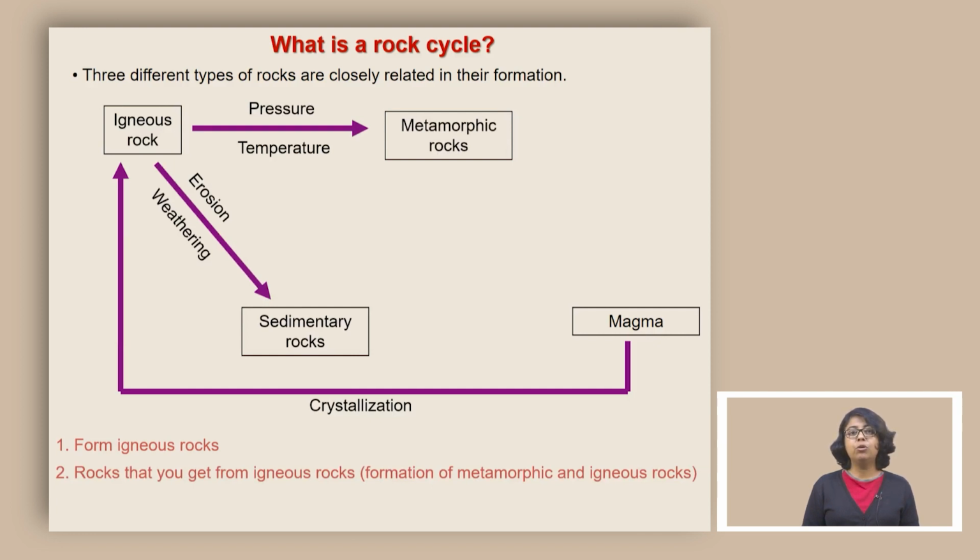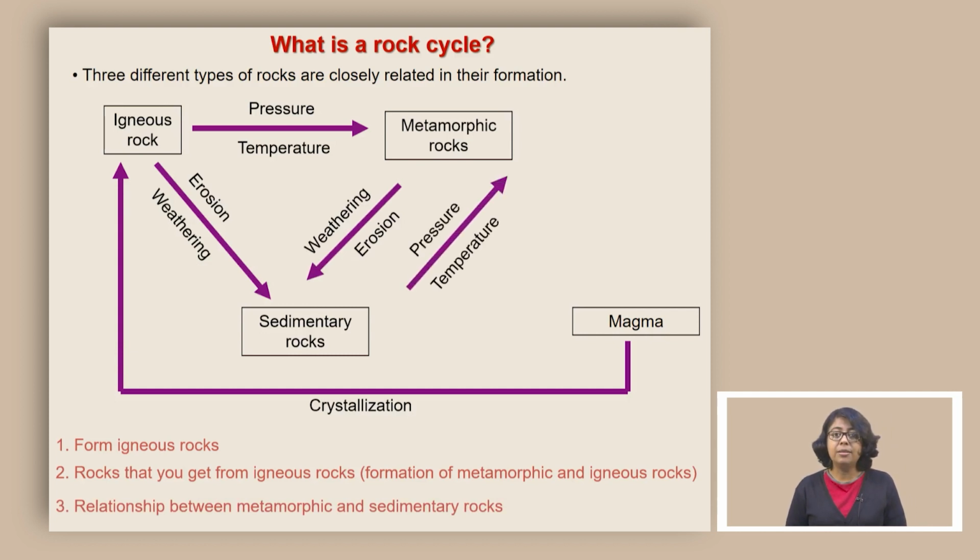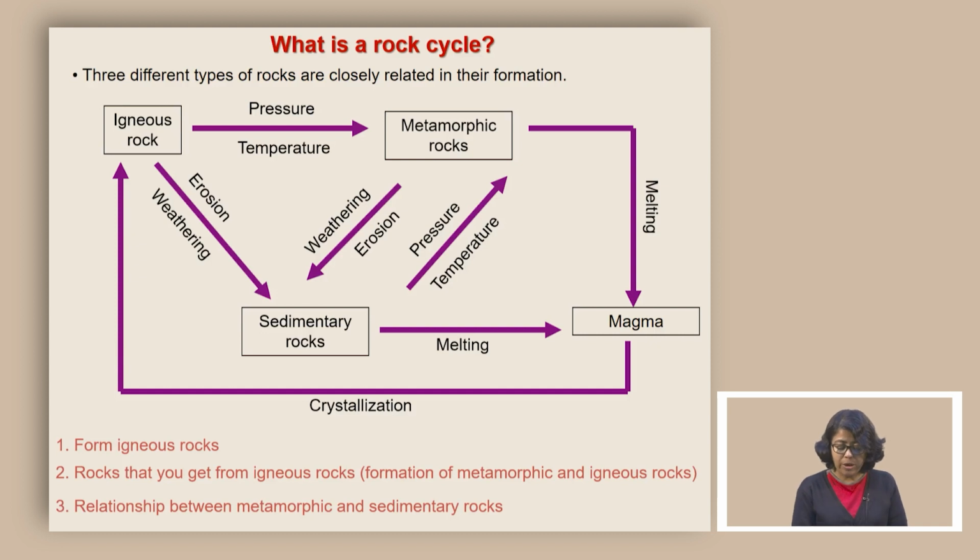Igneous rocks, when eroded and weathered, can produce sedimentary rocks. Metamorphic rocks, when weathered and eroded, can produce sedimentary rocks, and sedimentary rocks, on the other hand, when they go under high pressure and temperature without melting, can create a metamorphic rock. Both metamorphic rocks as well as sedimentary rocks, through melting, can create magma.